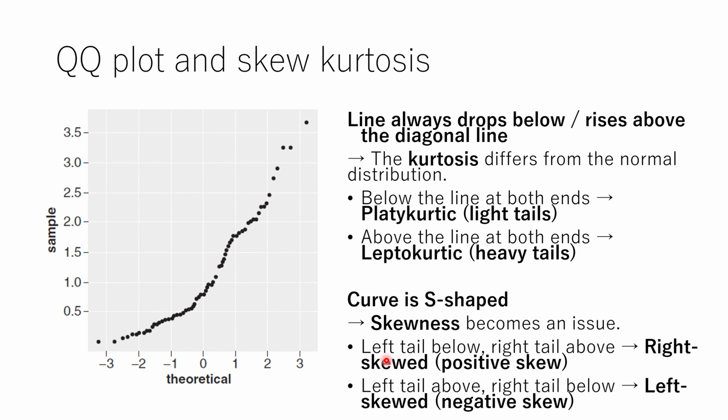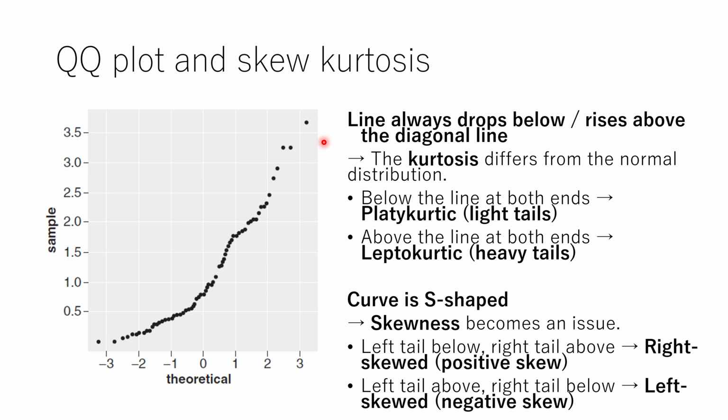And this is the interpretation. This slide shows typical QQ plot patterns. If both tails bend below the diagonal, the distribution is flat or right-tailed. If both tails bend above the line, it's peaked and too heavy-tailed.